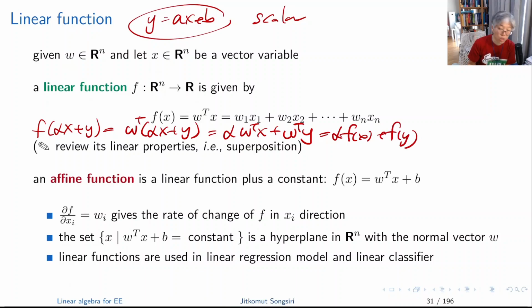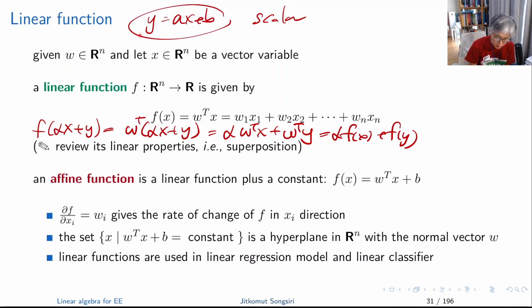So the superposition holds, and this is a linear function in Rn. Okay. When a linear function is added with a non-zero constant, it is called an affine function. And that b we call a translation term.